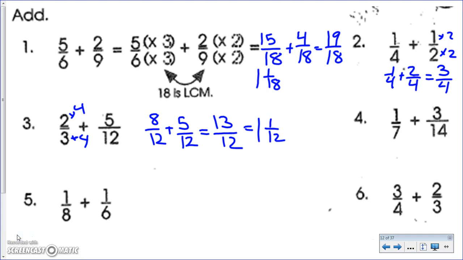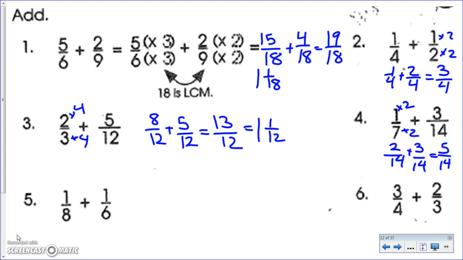For 4, we have 7 and 14 as our denominators, and we know 14 is the least common multiple. So we're going to take the 1/7 and multiply the numerator and the denominator by 2 to get up to 14. And then we get 2/14 plus 3/14 equals 5/14, and that does not need to be simplified. For 5, we have 1/8 and 1/6, and we know 24 is the least common multiple of 6 and 8.